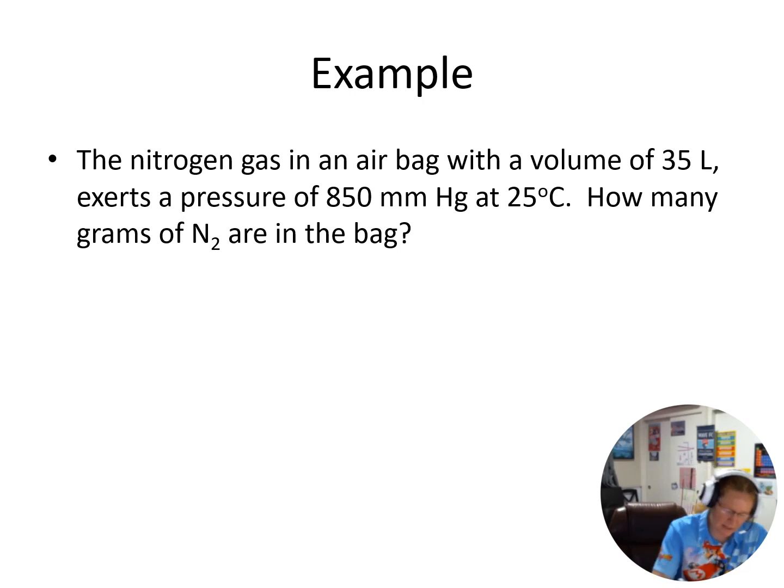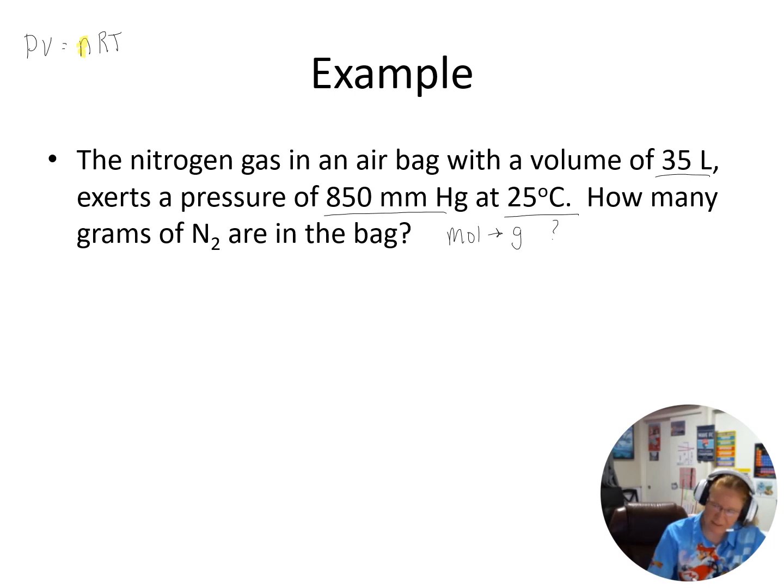So if we have PV equals nRT, if we have a pressure, a volume, and a temperature, and we have an R, what variable can we solve for? Well, if you said we can solve for moles, you're correct.